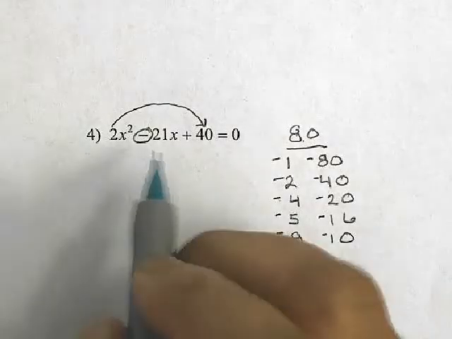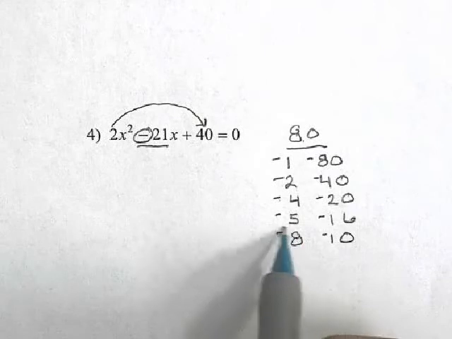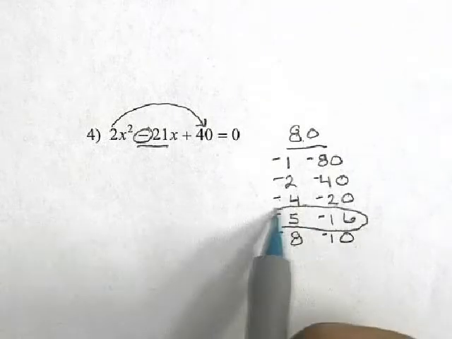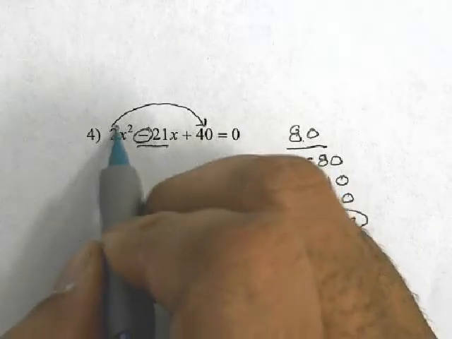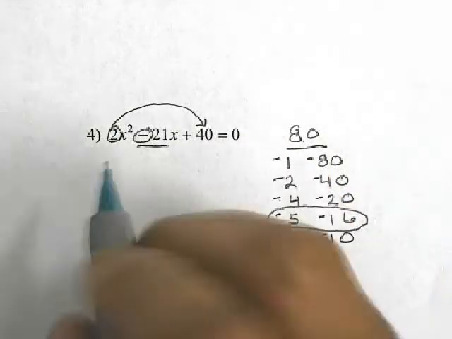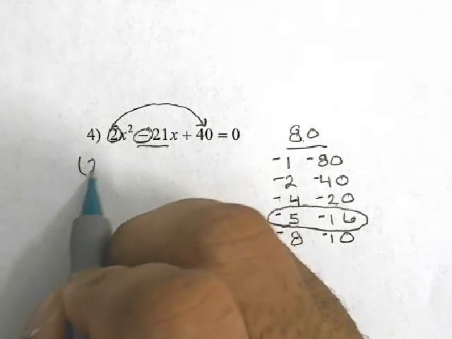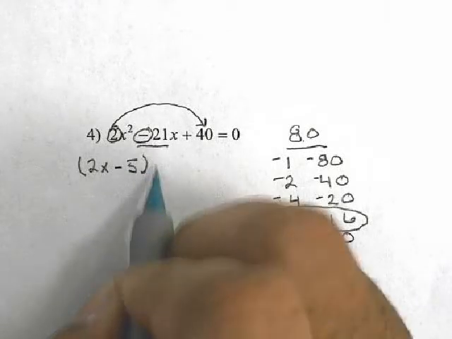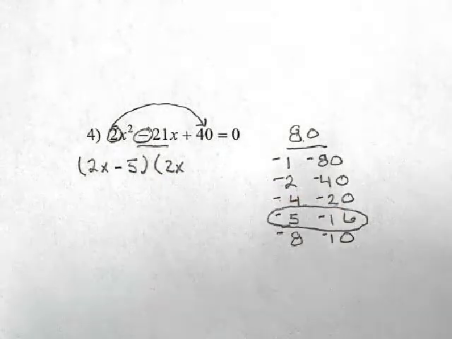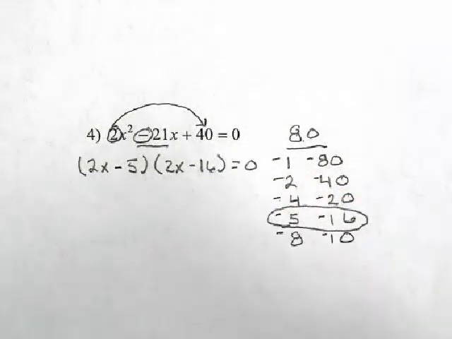Now, we have to find the two factors that add up to negative 21, which is negative 5 and negative 16. Remember we have to start with a 2. So we have 2x minus 5 times 2x minus 16 is equal to 0.